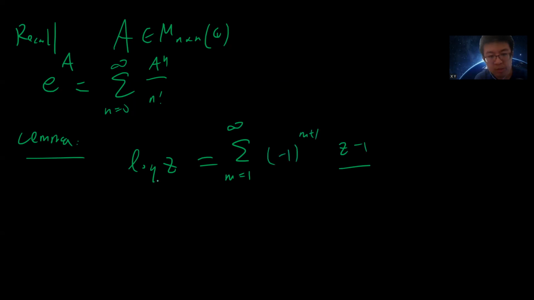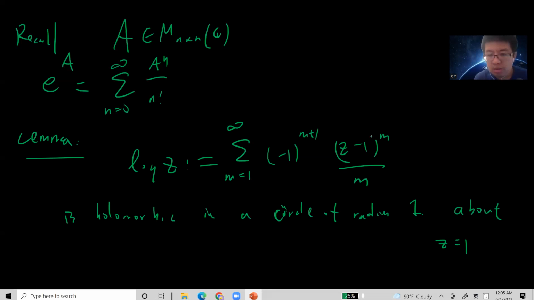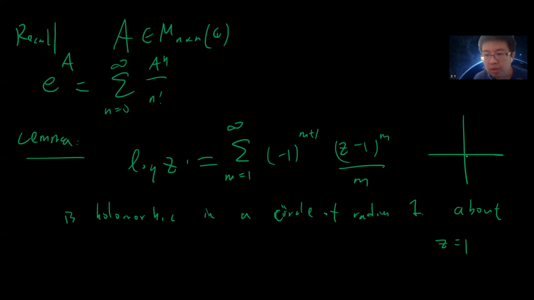This is my definition. It is holomorphic in a circle of radius 1 about z equals 1. What I'm saying is that this log z function is well defined in here. This is the first statement of the lemma.